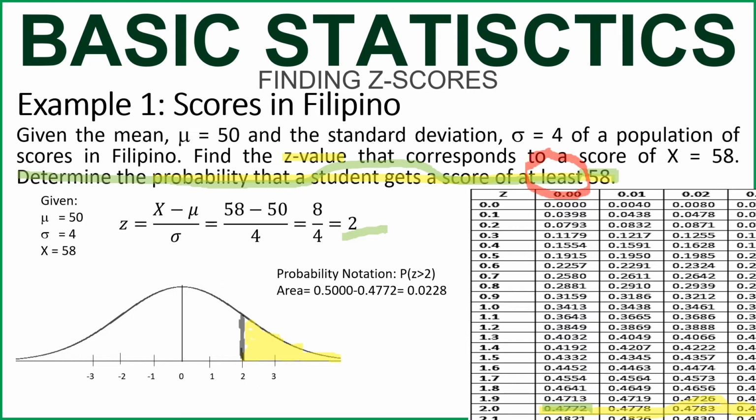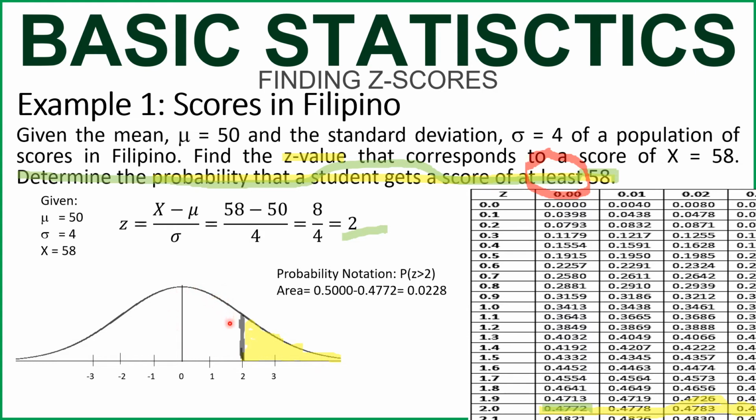So, how to find the area with 0.4772? Do we add or subtract? Of course, we will subtract kasi nga, sabi nga natin sa properties na yung symmetrical nung kabila, or yung kabuuan ng normal curve is 1, di ba? Yung area niya. And yung kalahati is 0.5 and yung kalahati is 0.5. If this half is 0.5, etong kalahating to, paano natin makukuha yung area nito if wala ito?